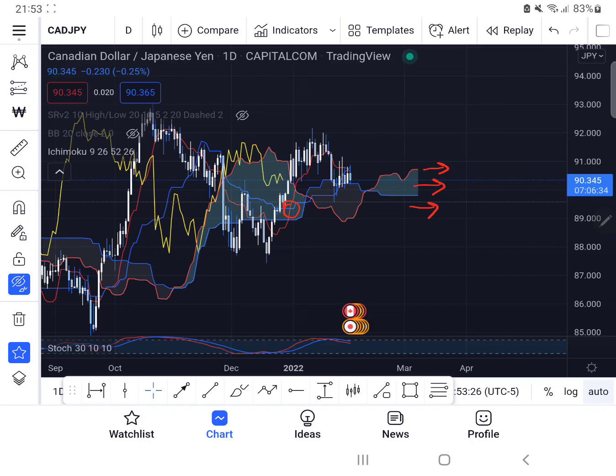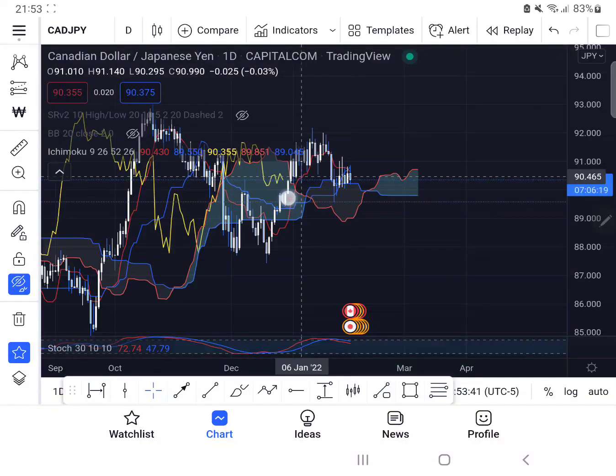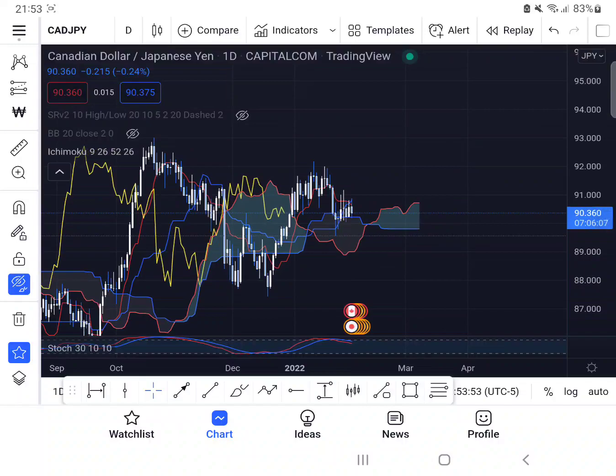In CAD JPY you can see many wicks here. Alright, a golden cross happened here, and another cross just happened here again. So by now the daily time frame is a very fresh market.